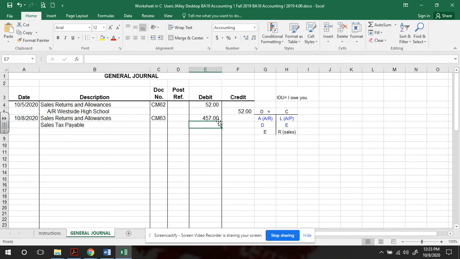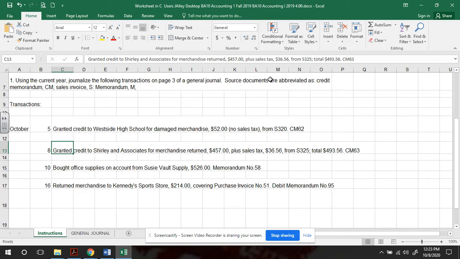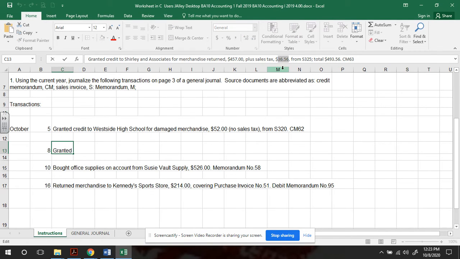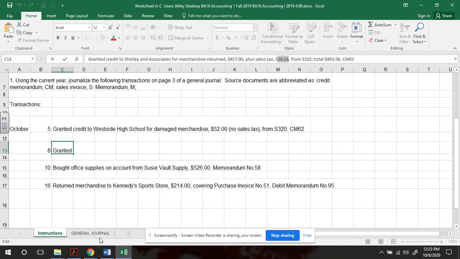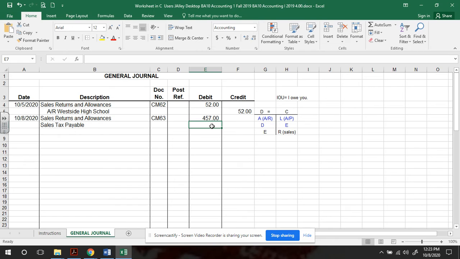So they're returning the merchandise. They also don't have to pay that tax anymore. And the tax is right here, $36.56. So I bring it over here and I paste it.